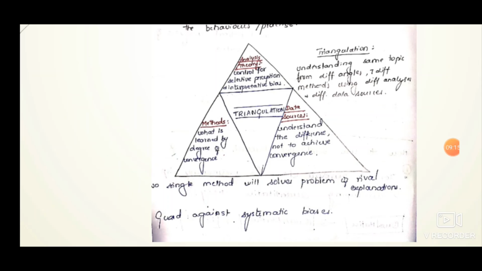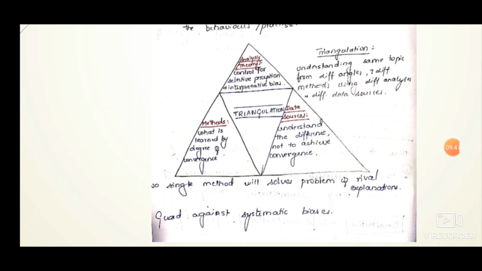There is something called triangulation, that is understanding the same topic from different angles, with different perspectives and different data sources. It includes analysis theory, data sources, and methods. For example, in the methods, we learn what is learnt by the degree of convergence. From the analysis theory, we will know the control for selective perception and interpretative bias.